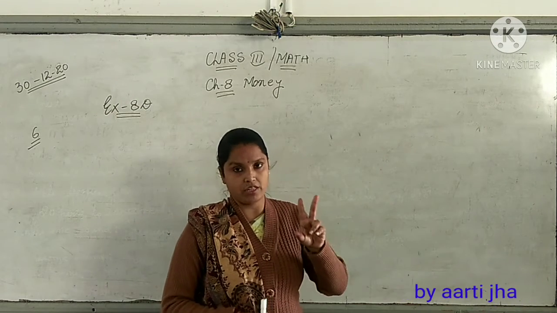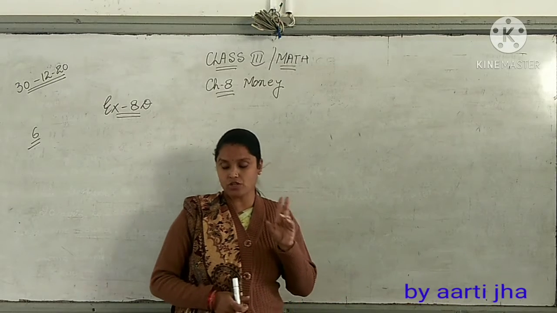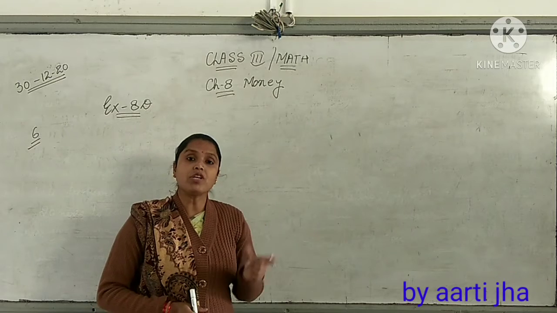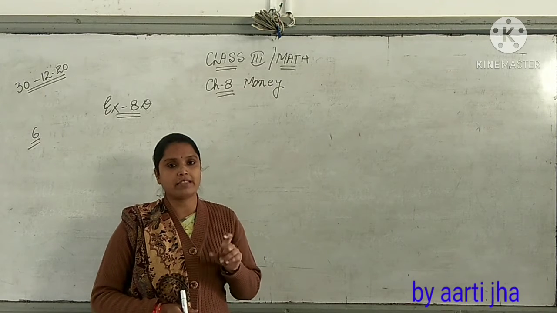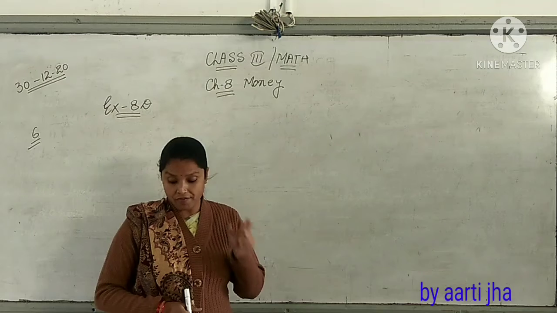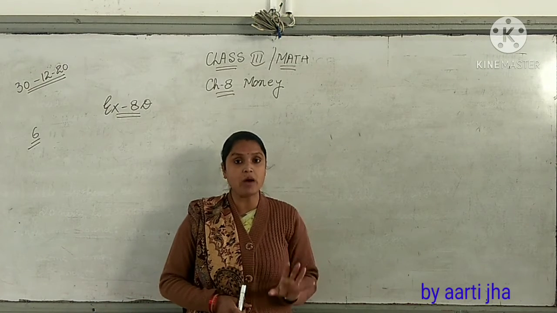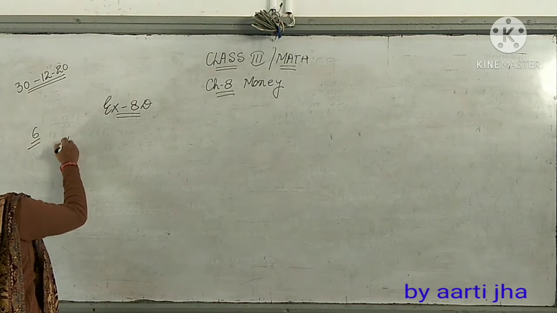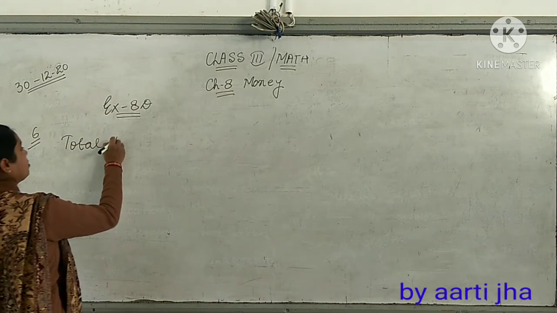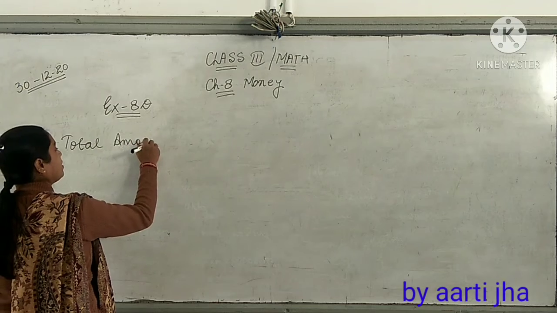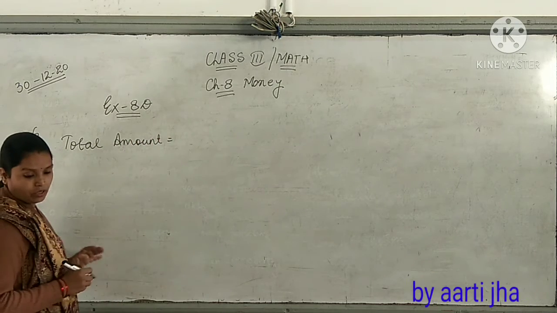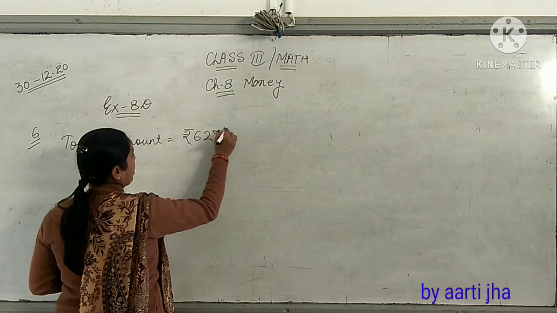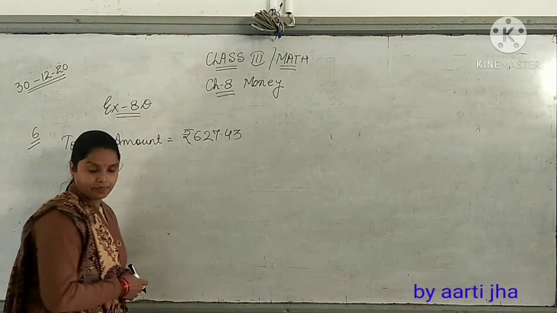Two things are given in the question, children. When I am reading the question, you should notice that we should read the question step-wise, that is, sentence-wise. My first sentence said that the total amount Nina had in her wallet or in her purse is rupees 627 and 43 paise.